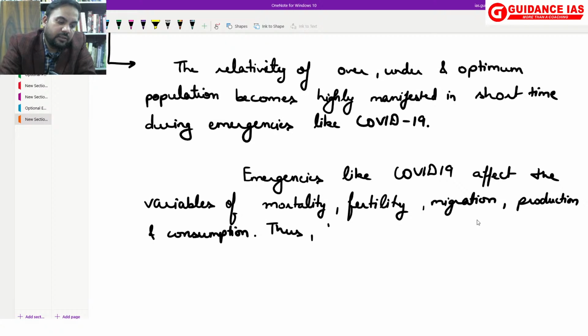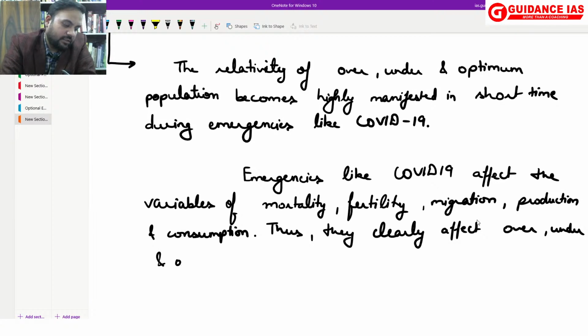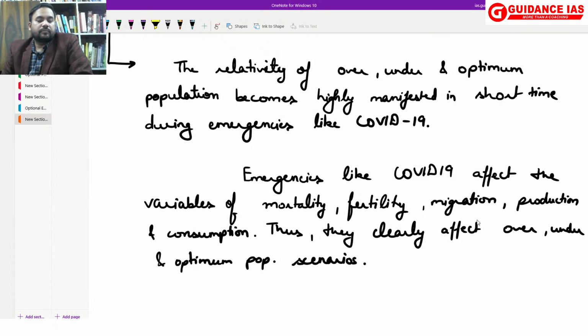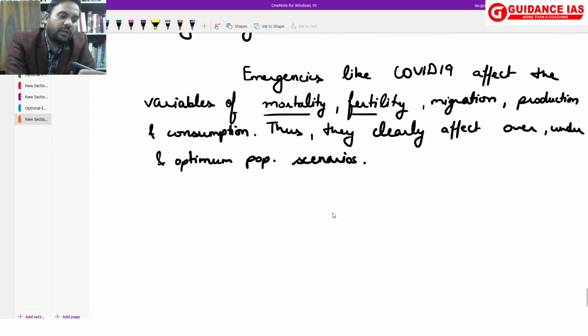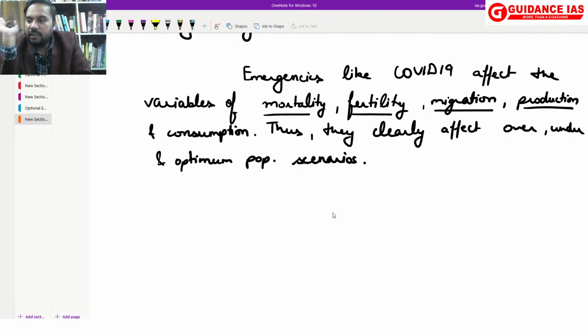Thus, they clearly affect over, under and optimum population scenarios. Okay? So in this I have talked about how it would be affecting. Did you understand? Yes or no?